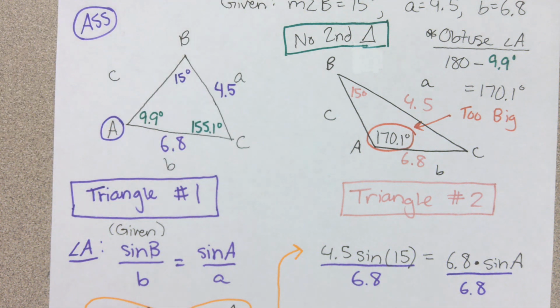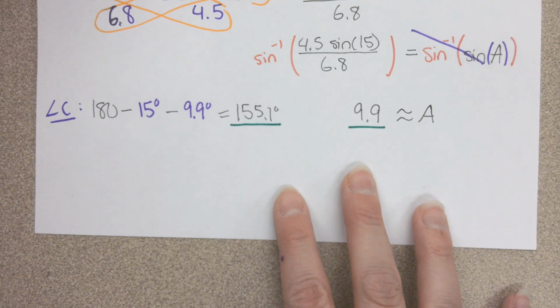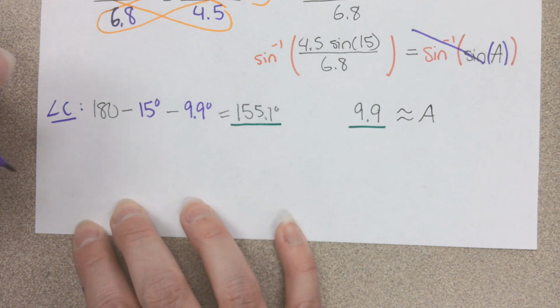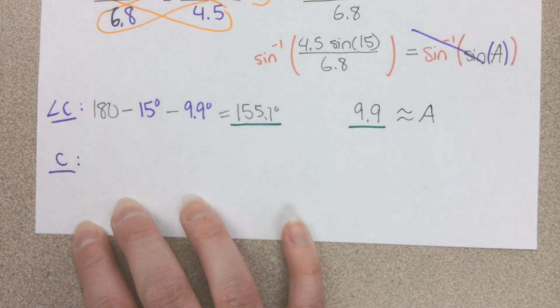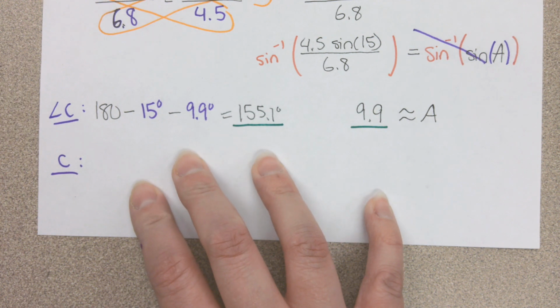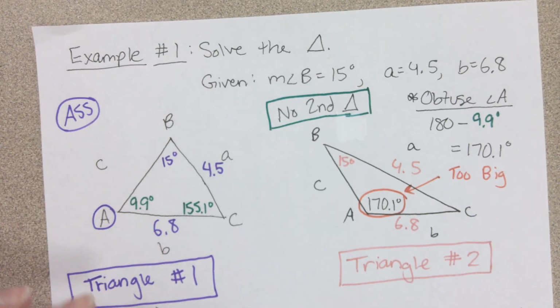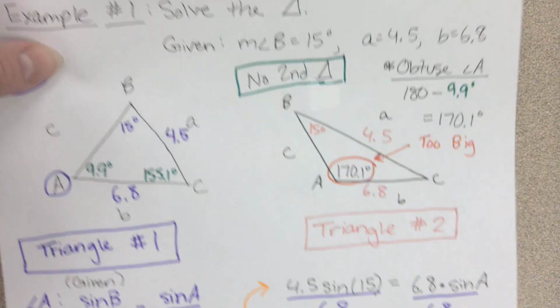And we have to find side C now. To find side C, we'll use the law of sines. Reminder, there's no Pythagorean theorem here, so we have to use the law of sines. Again, for law of sines, I'm going to use the B's, because that's what was given. We are given both B values.